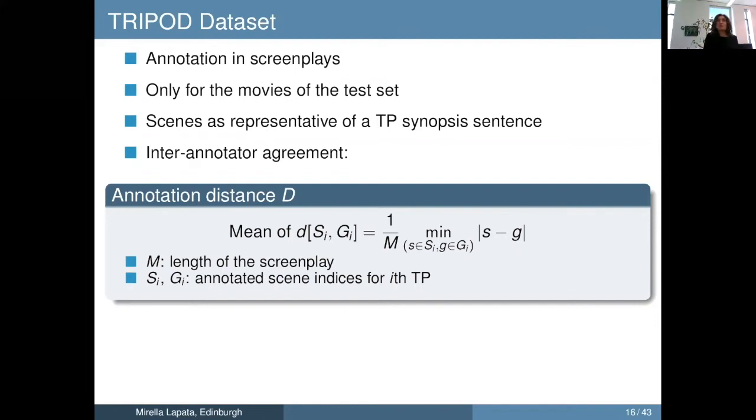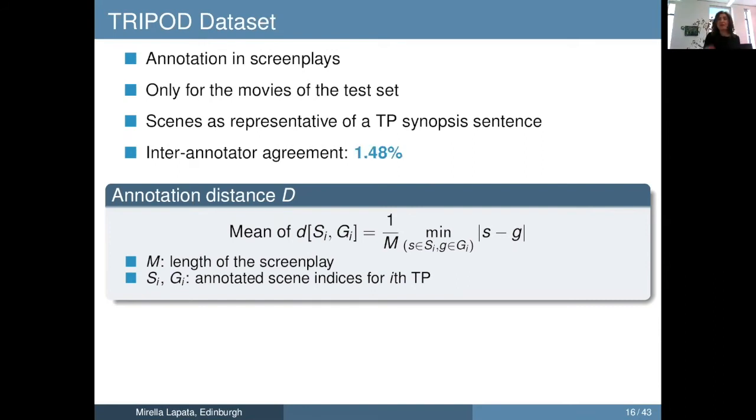So what would perfect agreement be? There would be no difference between the two annotators. S and G are the two annotators annotating things. If me and another annotator agree completely, the distance would be 0. So we want to be as close to 0 as possible.